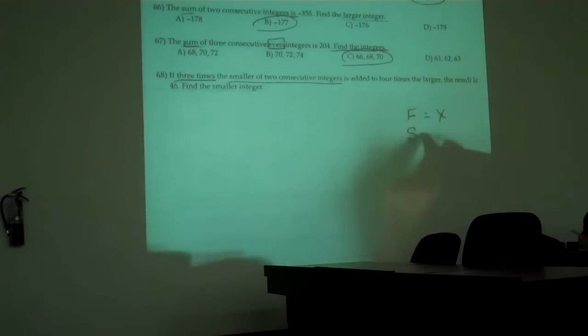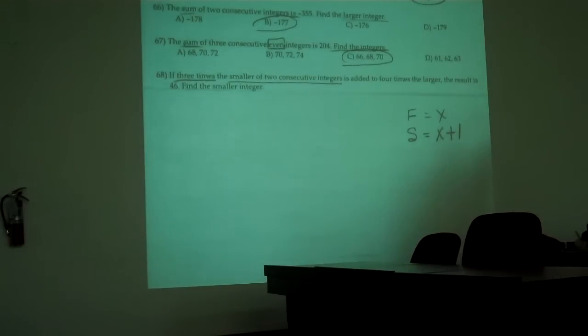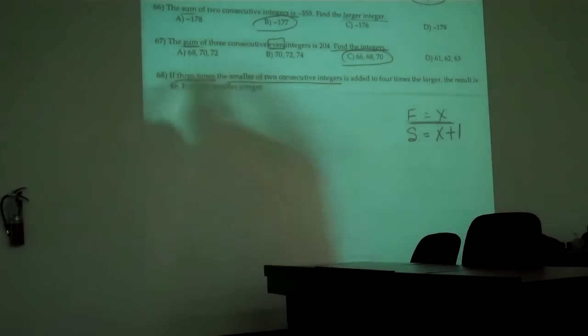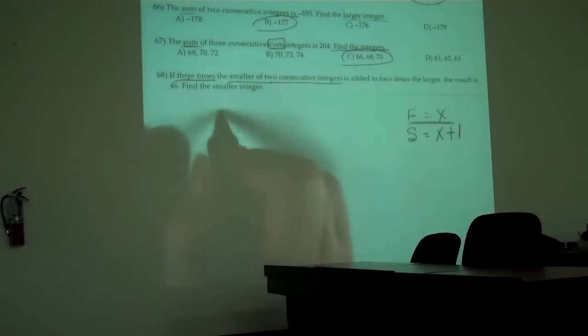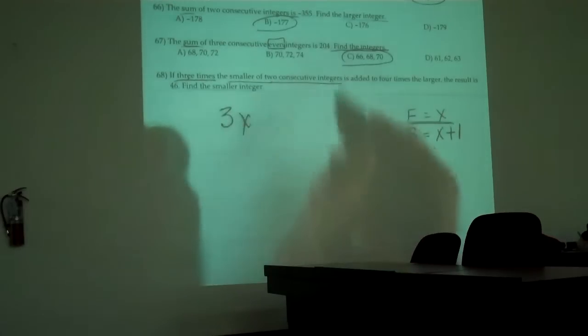The second consecutive integer is the next one, right? Not even or odd, just the plus 1. So the smaller of two consecutive integers would be your first one, right? Okay, so 3 times the smaller one is just 3 times x.